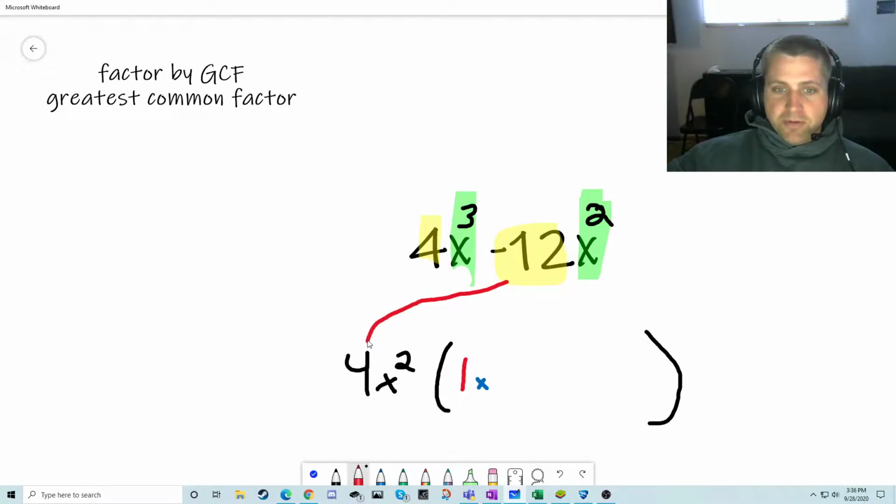Negative 12 divided by 4 is a negative 3. And then x squared divided by x squared, well, they do the same thing, so they divide to 1. They just divide away, cancel out, whatever you want to call it.